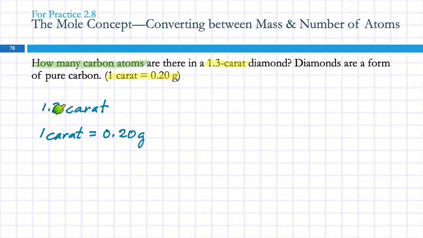This is the one we're starting with. Maybe let's highlight that one in yellow. That's what we're starting with. We were given this, but it's going to be a conversion factor. So we're starting with carats and we're going to atoms, right? And then we have to figure out the steps in between.